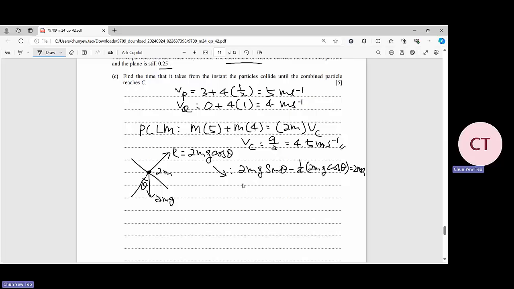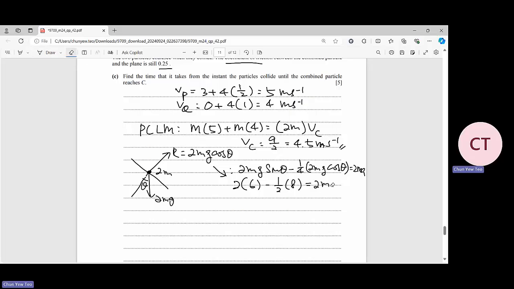Here 0.6, you can put here 6, minus the half of 8, is equal to 2m.